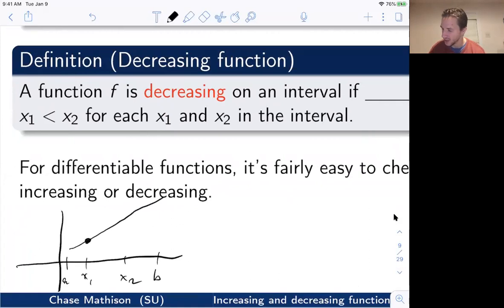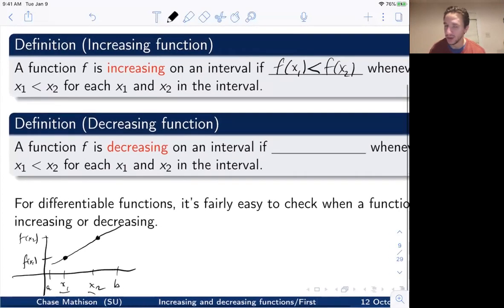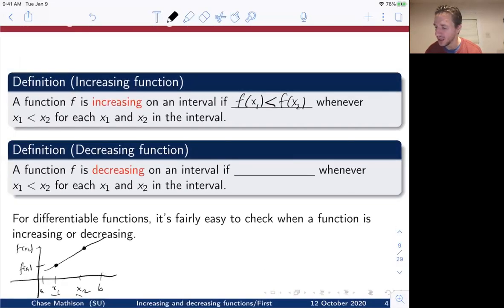Because if I take x1, there's f of x1, and x2, there's f of x2. f of x2 is clearly greater than f of x1, and x2 is greater than x1. That clearly holds for every choice of x1 and x2 in this interval A B. So we would say f of x is increasing on this interval A to B.